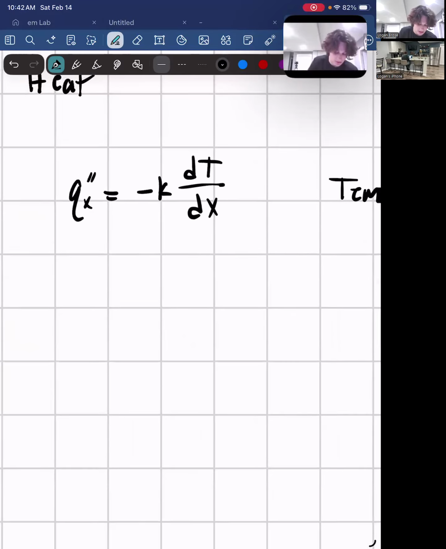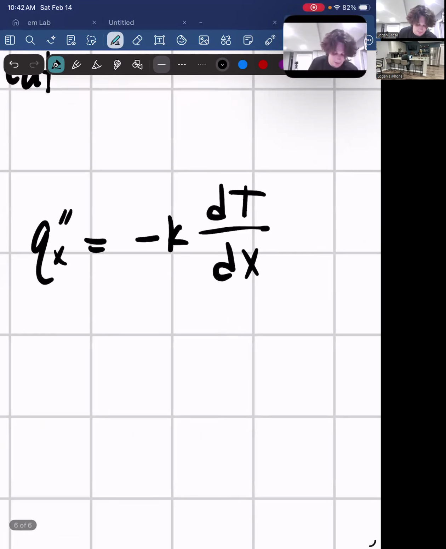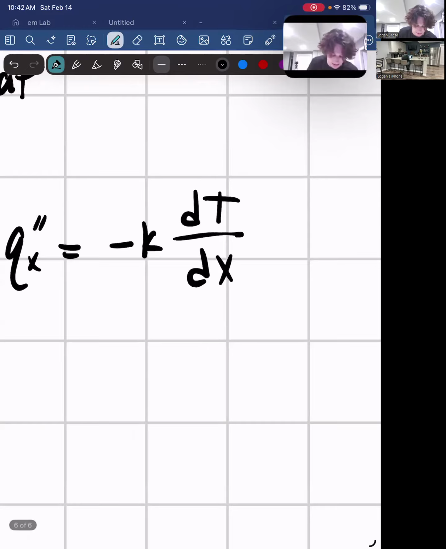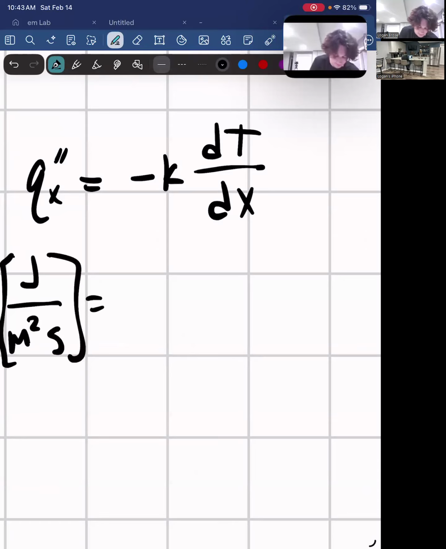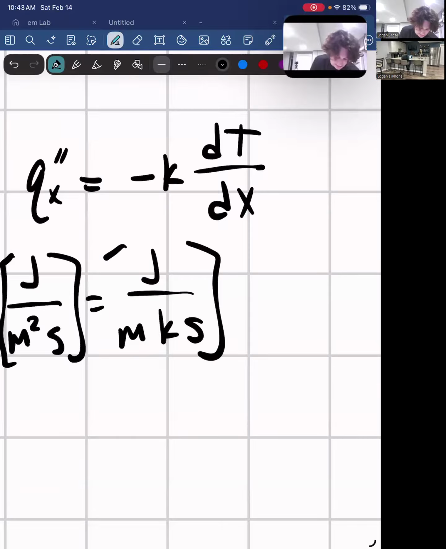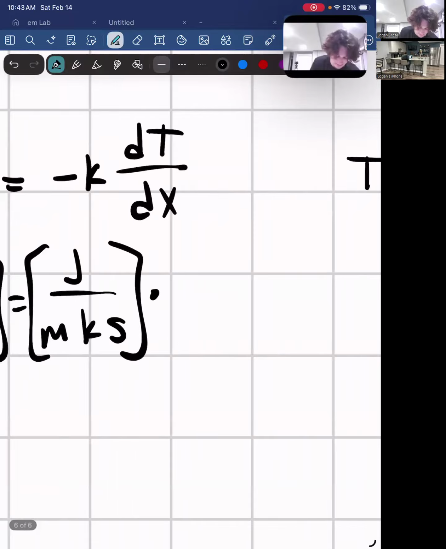So how we plug that into this equation, right? We multiply our change in temperature by our heat capacity and our density. And when we do that, we have to divide our thermal conductivity. So currently, our units are joules per meter square seconds equals joules per meter Kelvin seconds times Kelvin over meters.